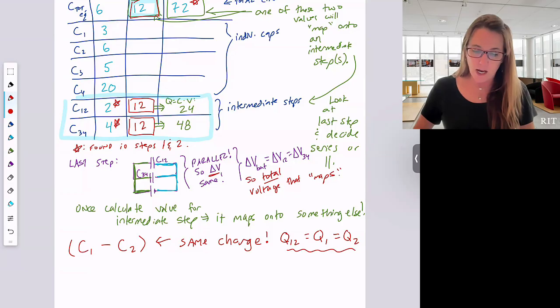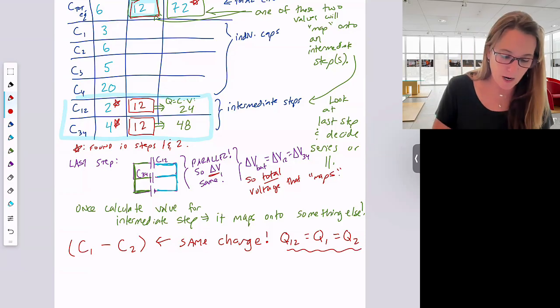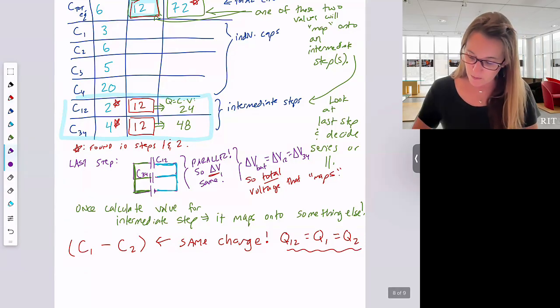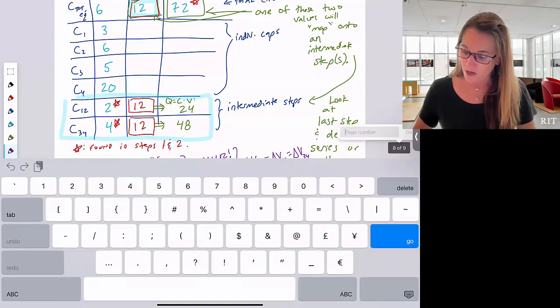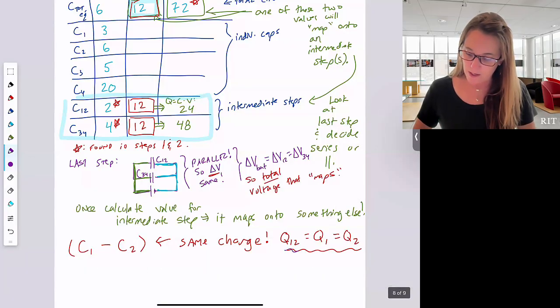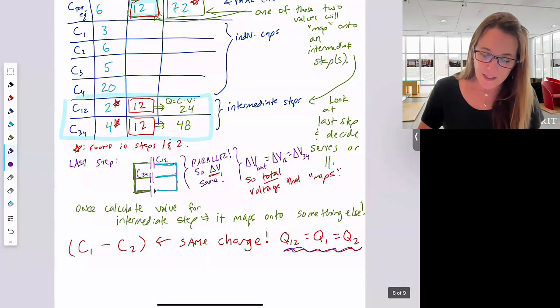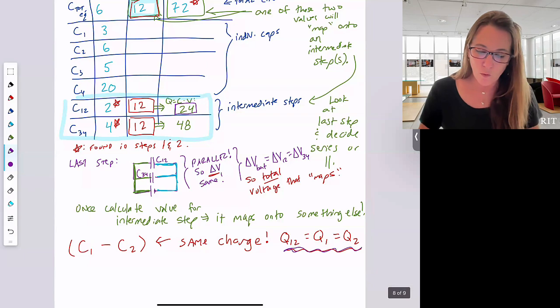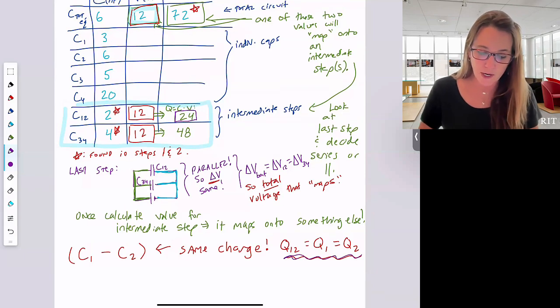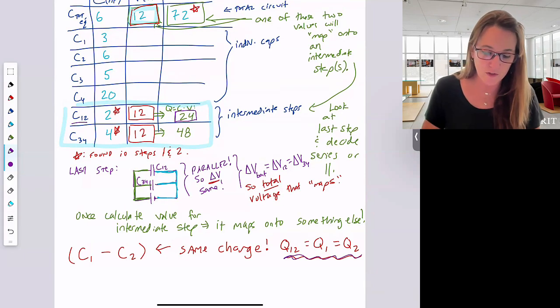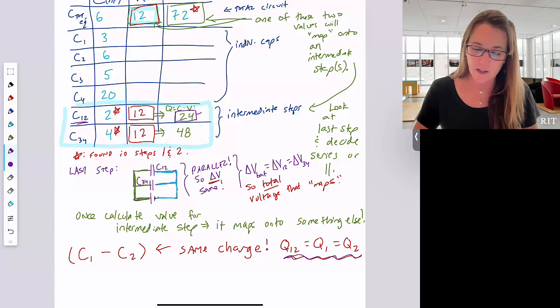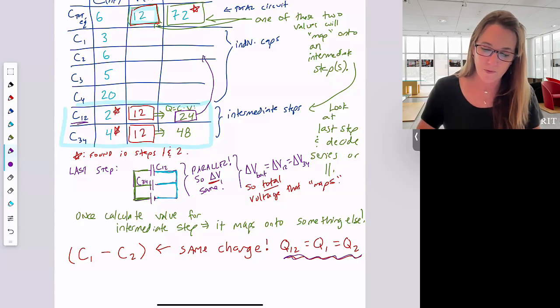And so we have this other mapping step, and I'm going to mark this one in purple. I can then take this Q12, because it's for C12, and it's going to map onto C1 and C2.